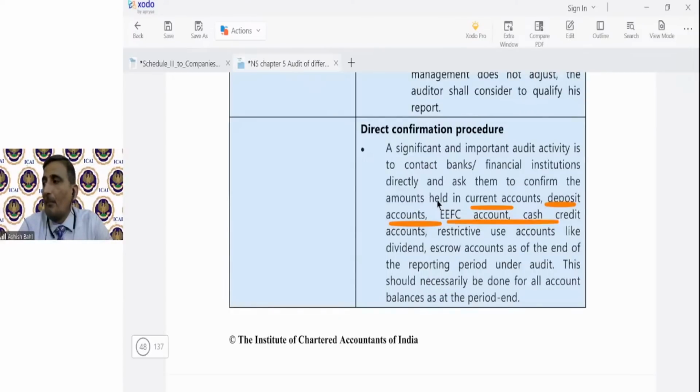Yes. And Priyanka, you are asking what does escrow account mean? You can understand it in a very simple way: it is an account, it is a facility, Priyanka, where money is kept, and it is to be paid to some other person on performance of something.